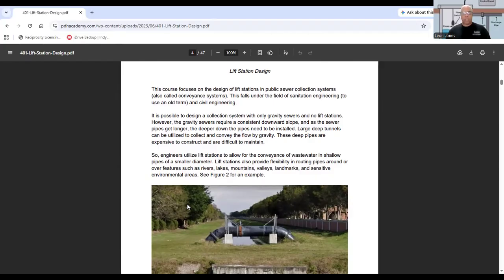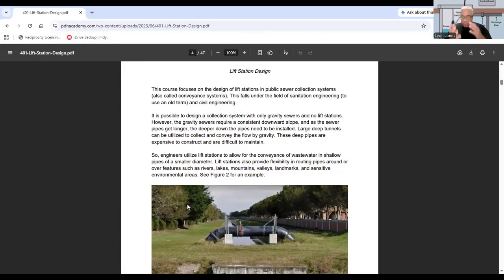Larger deep tunnels can be utilized to collect and convey the flow by gravity. Now, these deep pipes are expensive to construct and are difficult to maintain. So basically, engineers utilize lift stations to allow for the conveyance of wastewater in shallow pipes of a smaller diameter.